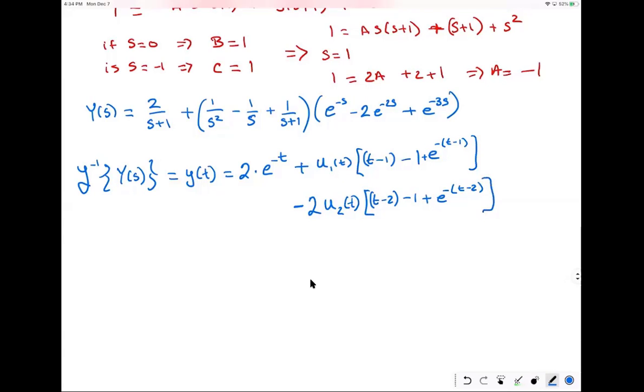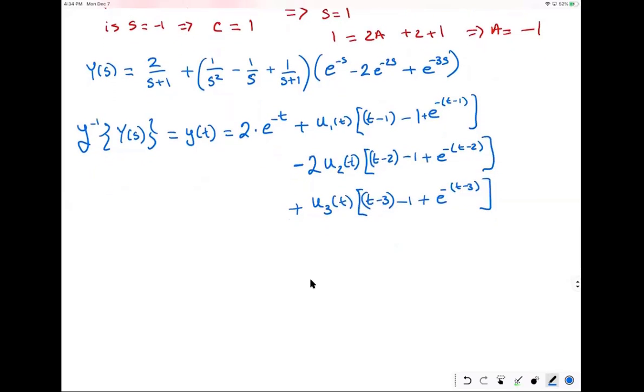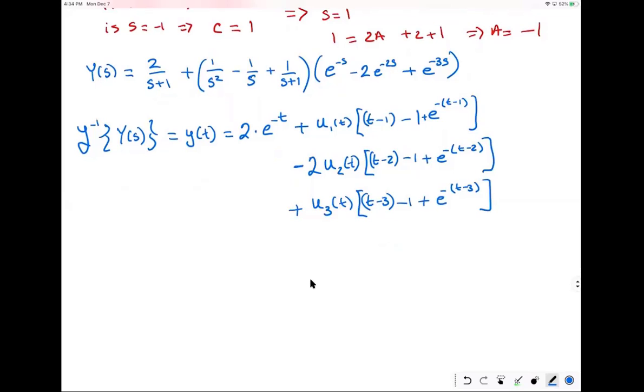And the same for the next one, so plus u sub 3 of t times (t minus 3 minus 1 plus e to the minus (t minus 3)). Okay, and if I wrote those down the column, which is kind of a weird way to write it, I would have run out of room.